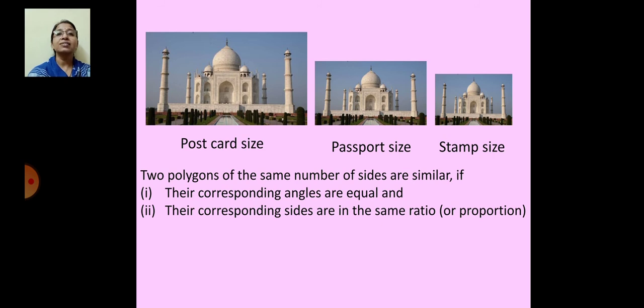Suppose he has a negative film of 25 millimeter, and if he has to develop that film into a stamp size photograph, he may enlarge it up to 35 millimeter, or to get a passport size photograph he may enlarge it up to 45 millimeter, and to get a postcard size photograph he may enlarge that film up to 55 millimeter. So what is he doing? He is just enlarging the sides of that photograph.